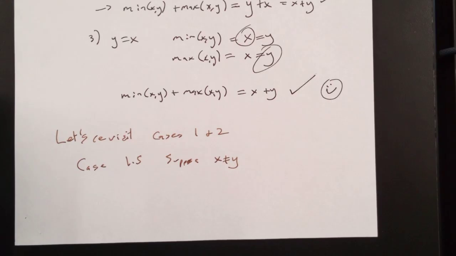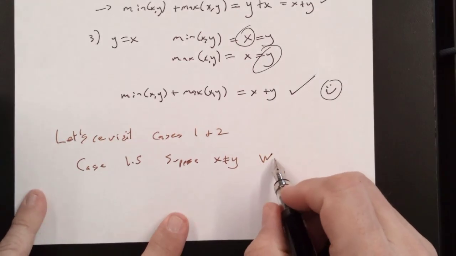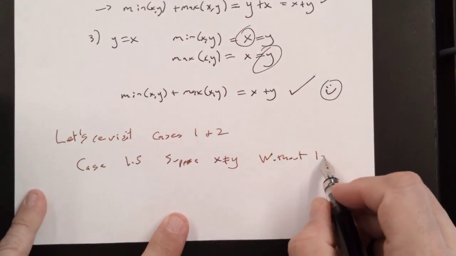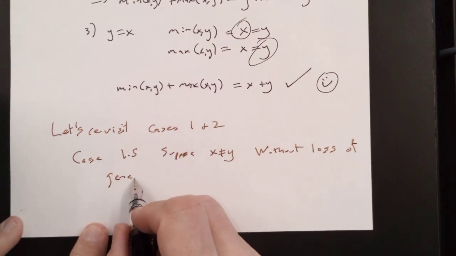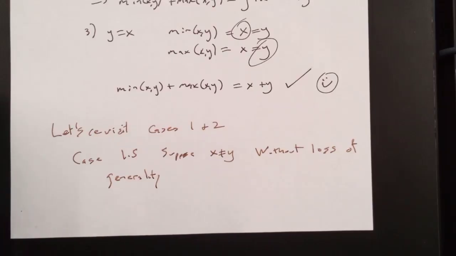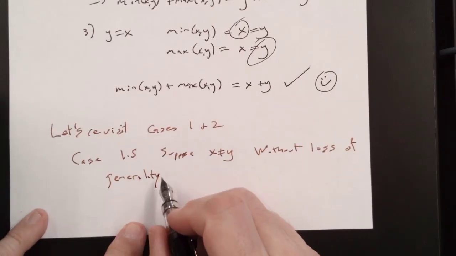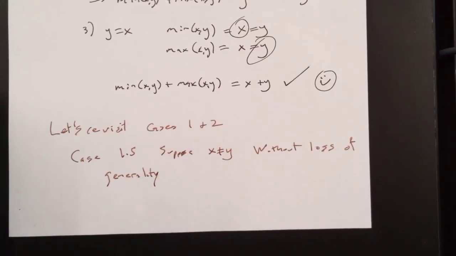I'm going to take this privilege for my own. It is irrelevant to the argument I'm going to do as to which one I call which letter. So I'm going to now say, without loss of generality. In other words, it doesn't affect how specific or general this argument is.